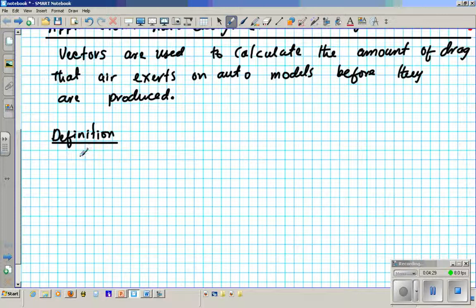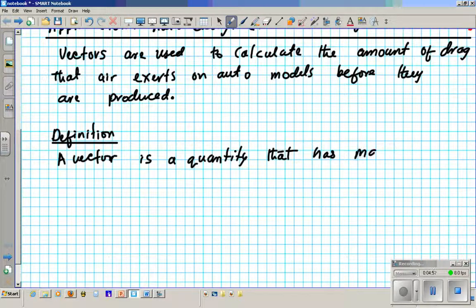A vector is a quantity that has magnitude and direction. Okay, it has two critical components. It has a magnitude, which is size, and it also has direction.